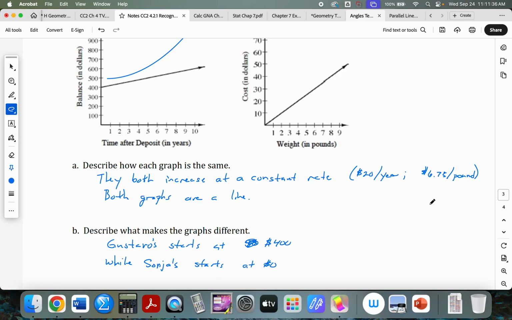How much does Sonia's cost go up for every pound? $6.75. Notice that the difference between these is 100, and the difference between these is 10. So it makes it look like hers is going up more rapidly, but it is not. It is steeper, but they're not on the same scale.